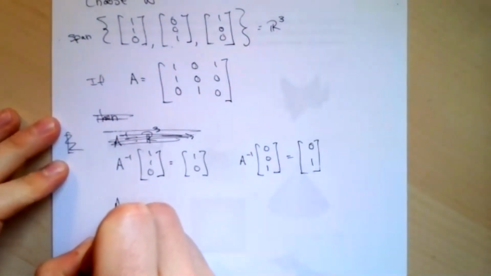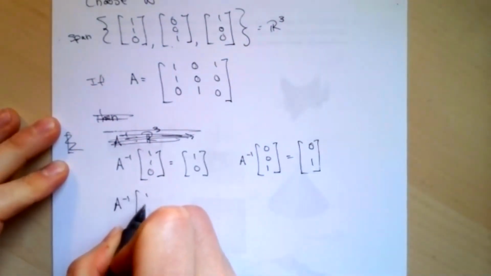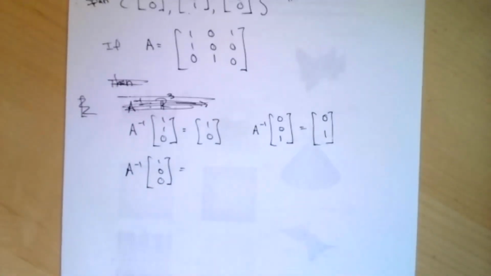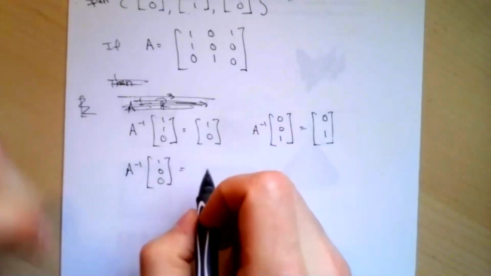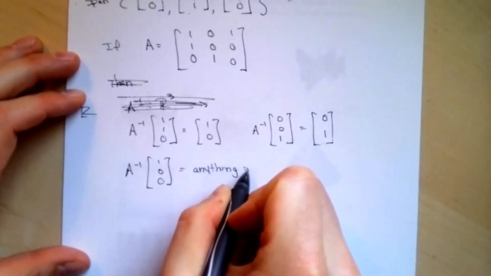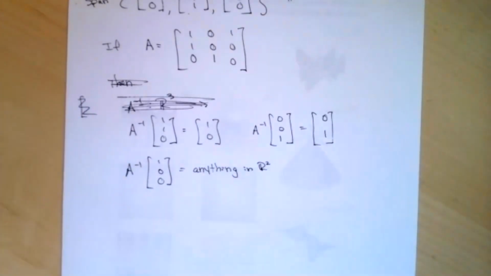So the question is, where should A inverse of 1, 0, 0 go? So it can pretty much go anywhere.